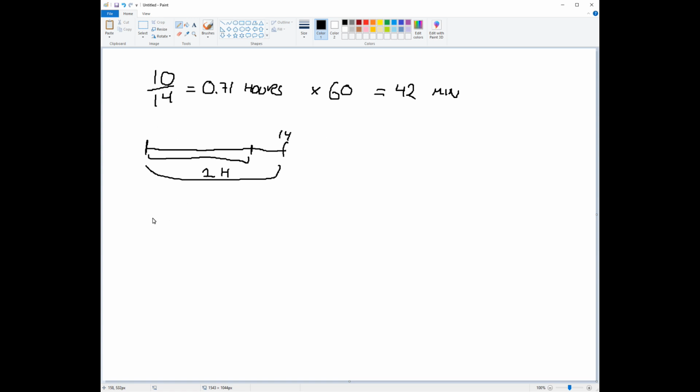Another example, I think the second one I asked was a marathon or thereabouts. So let's call that 42. So again, we divide it by our speed, which is 14 still. So that is going to be what, 3? Because 14 times 3 is 30, and plus 12, that's 42.